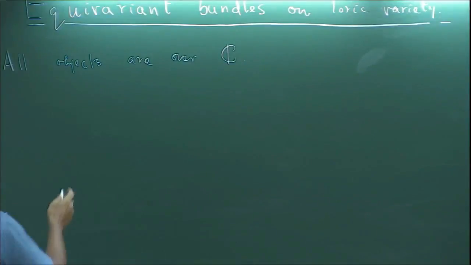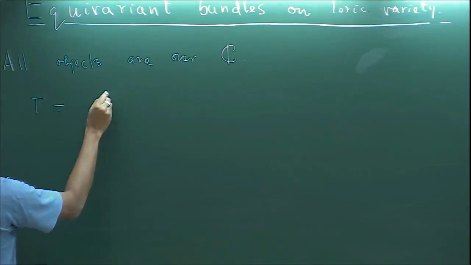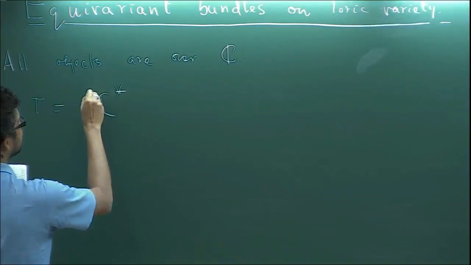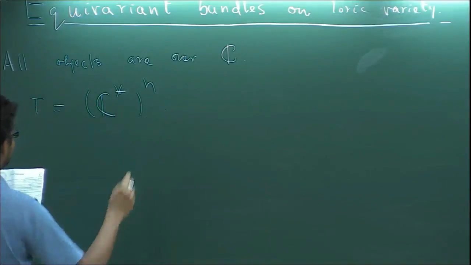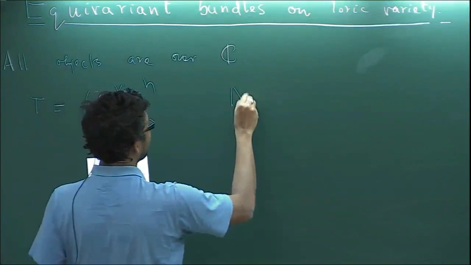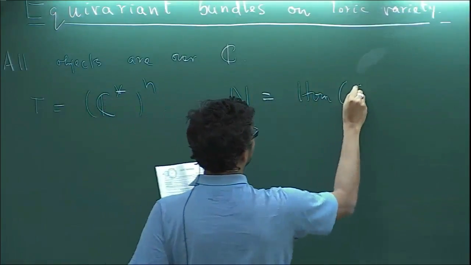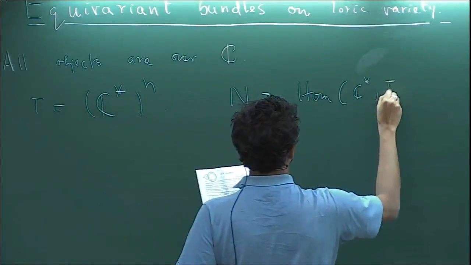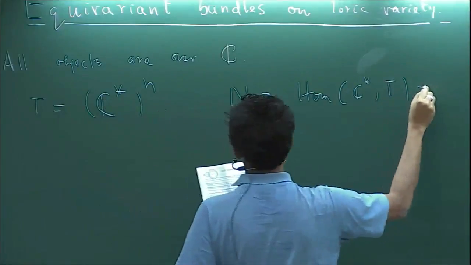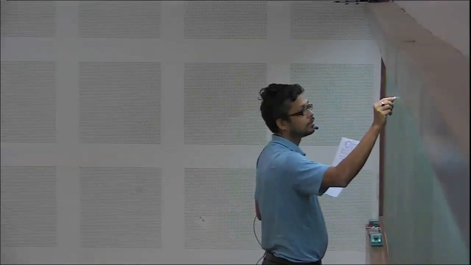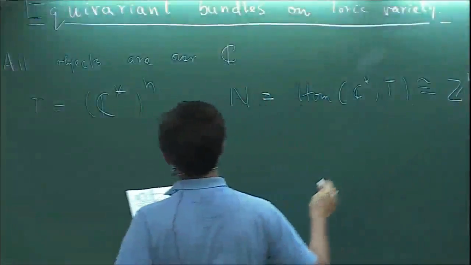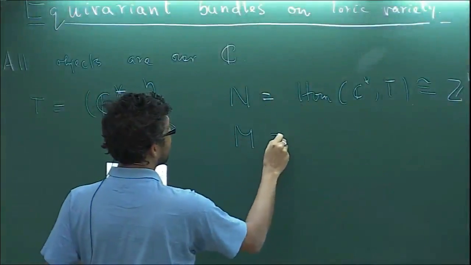Let T be the complex torus, N be the one-parameter subgroups, which you can identify with Z^n, and M be the character group.